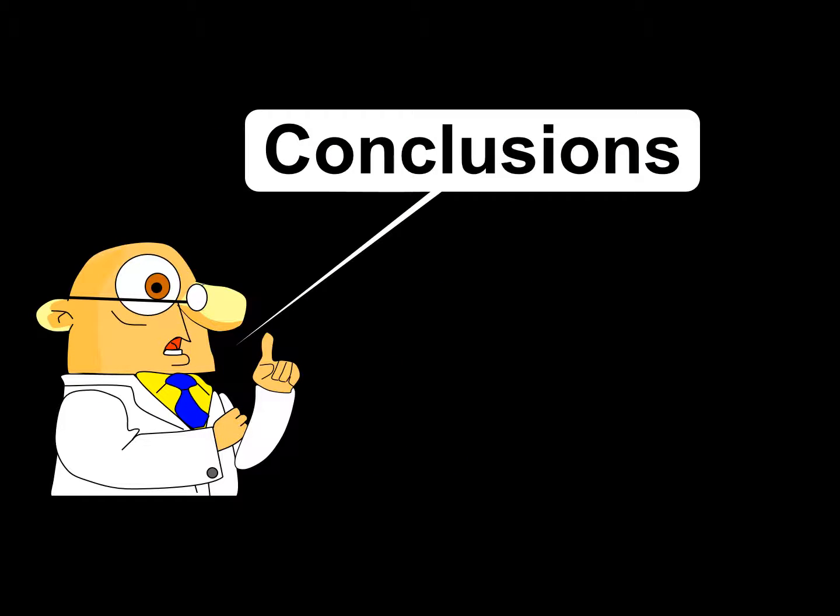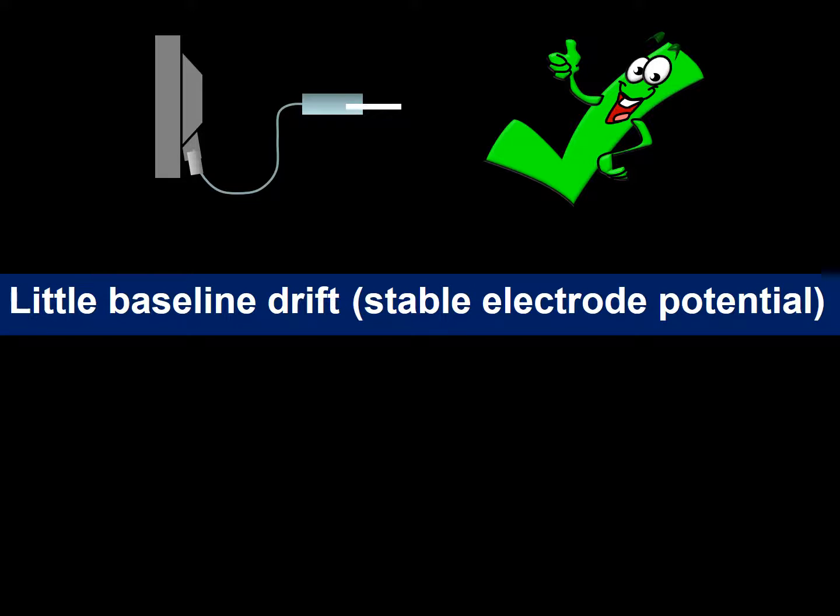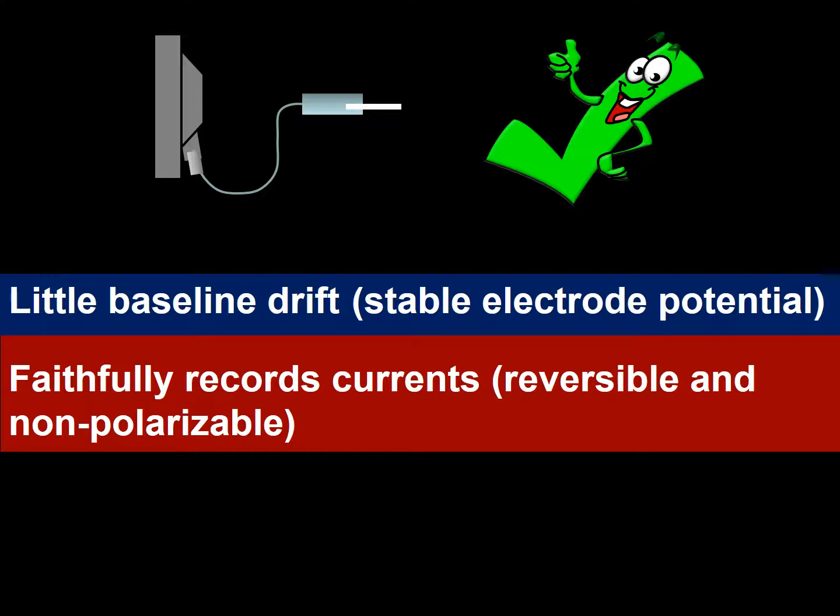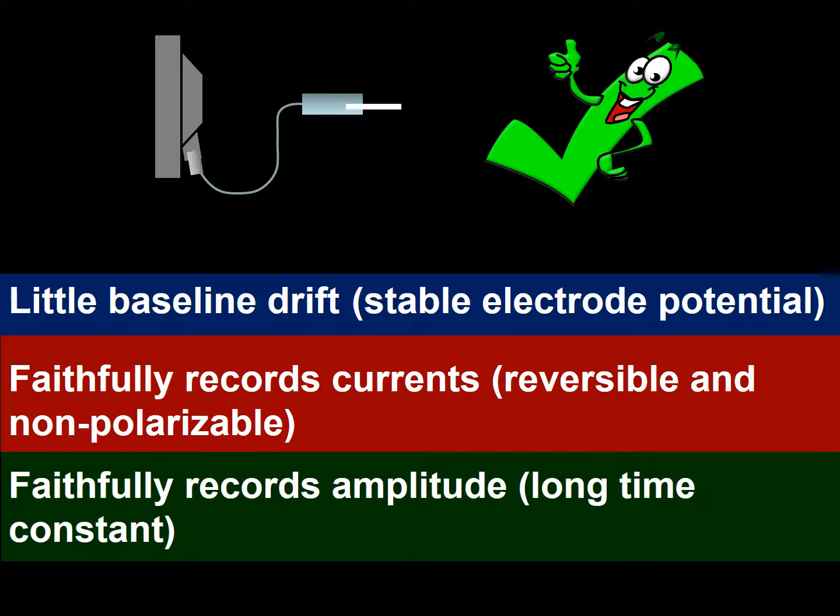So, in conclusion, good surface EEG electrodes are so because: 1. They have little baseline drift thanks to a stable electrode potential. 2. They faithfully record currents thanks to being reversible and non-polarizable. 3.